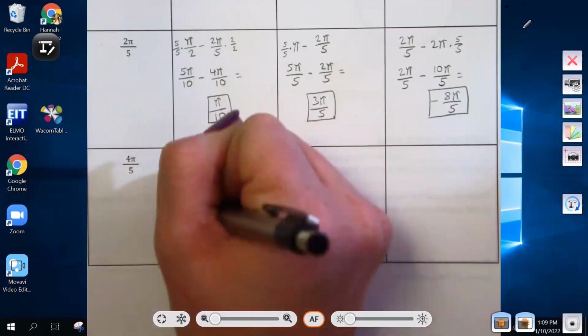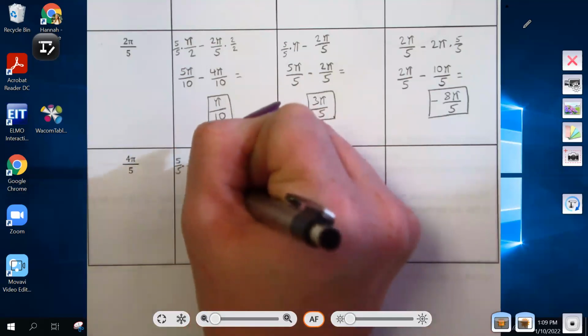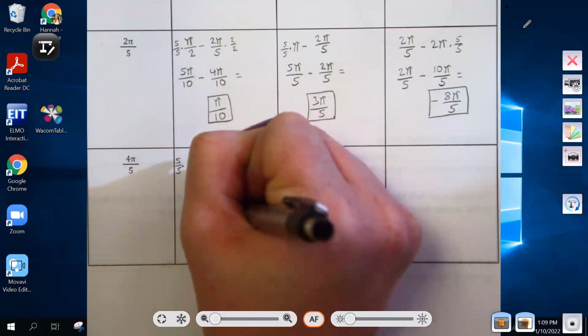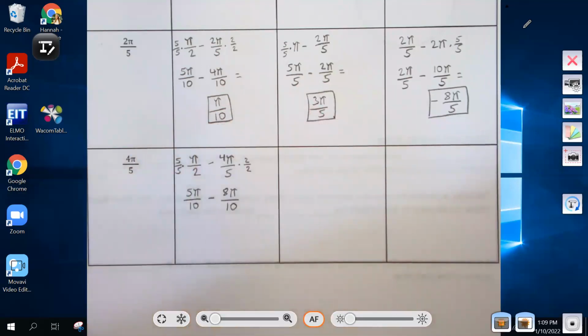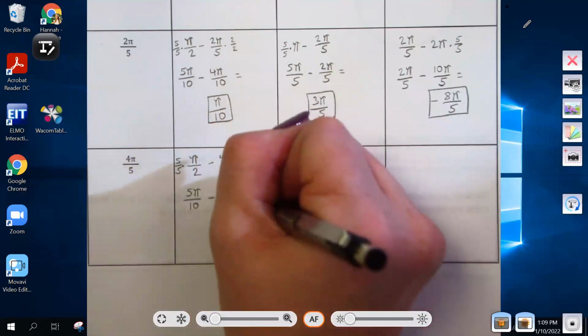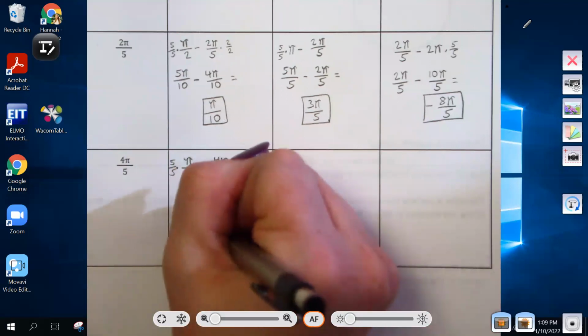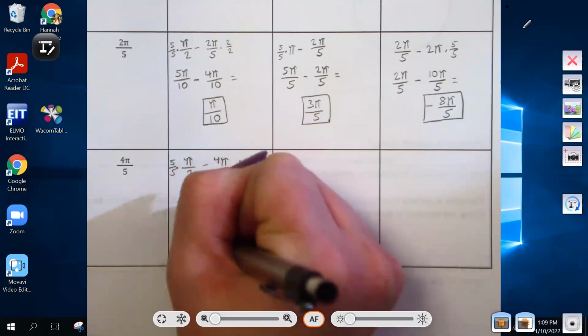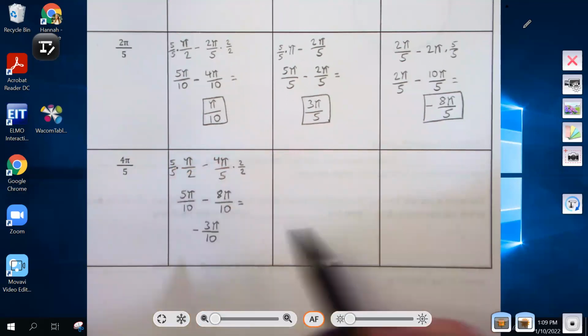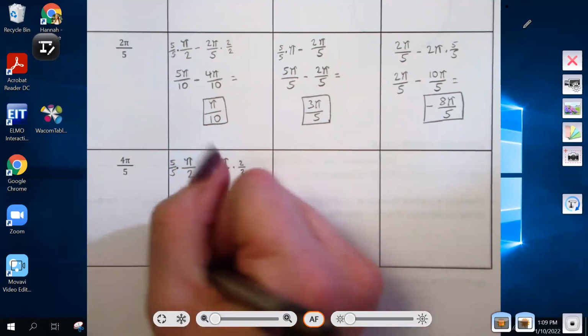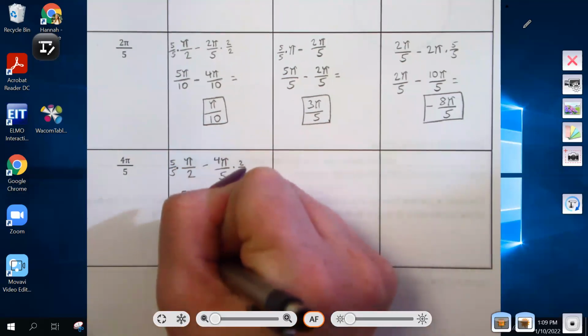We get 5 pi over 10 minus 8 pi over 10. Which gives us what? Negative 3 pi over 10. Yep, because it's negative, there is no complement.